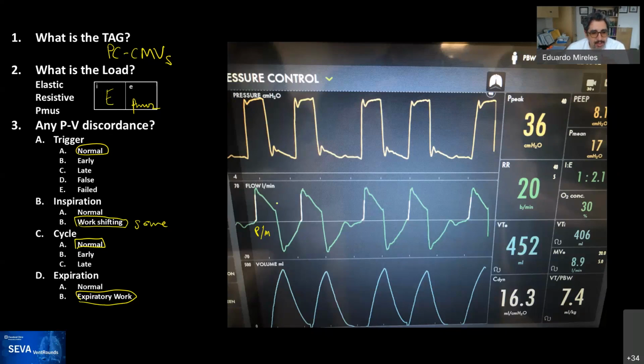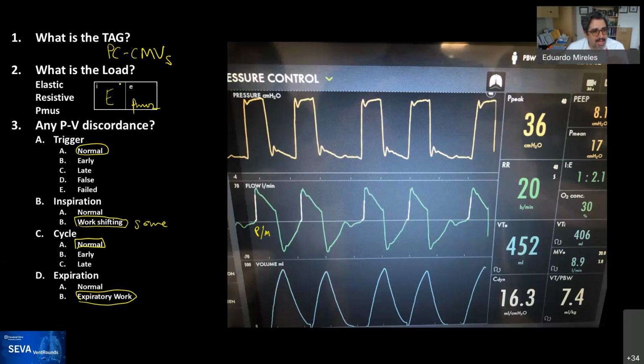CMV, so mandatory because all breaths are terminated by the machine. And in these circumstances, all the I times actually look the same, and we have the tag up top. It's a set point, and we cannot determine that just by looking at the waveforms. But in this case, all the pressure has remained the same, and there's no variations, which tells us that this is an inspiratory time that has been set, an inspiratory pressure that has been set.